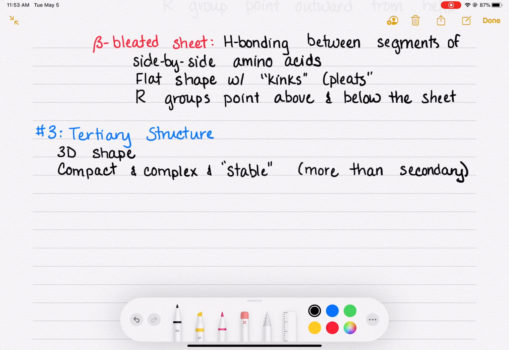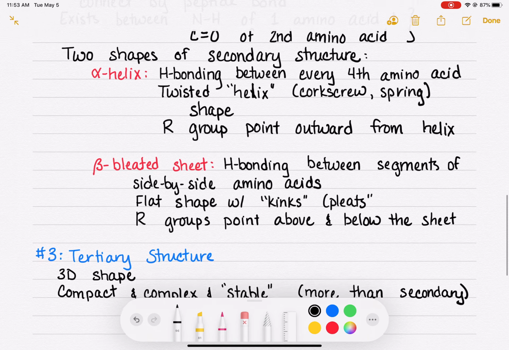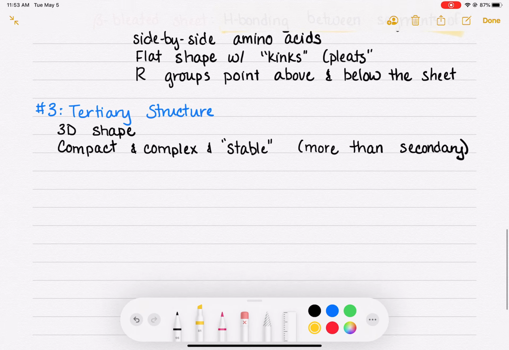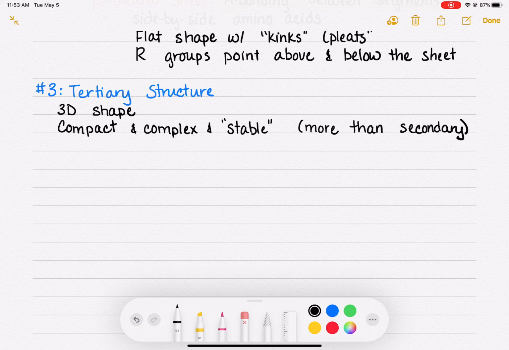The cause of the tertiary structure, if we go back up and remind ourselves, the secondary structure was caused by hydrogen bonding between amino acids. The tertiary structure is caused by different types of interactions between the R groups of our amino acids.